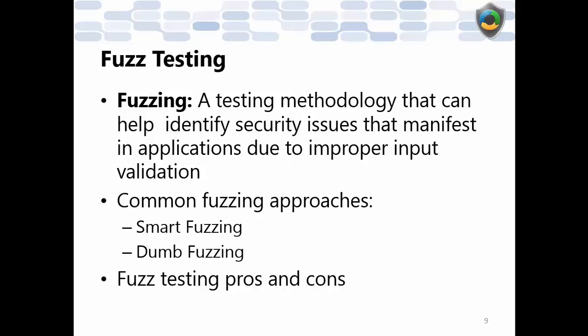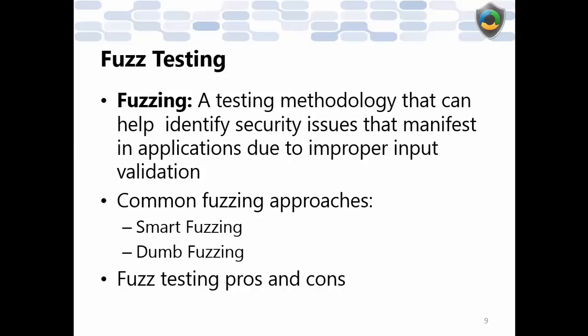A majority of application vulnerabilities exist today due to developers failing to validate inputs. We've talked about this in several other lessons. Fuzzing is a testing methodology that can help you identify security issues due to inputs not being properly validated. Fuzz testing is a core testing technique in the SDL verification phase.